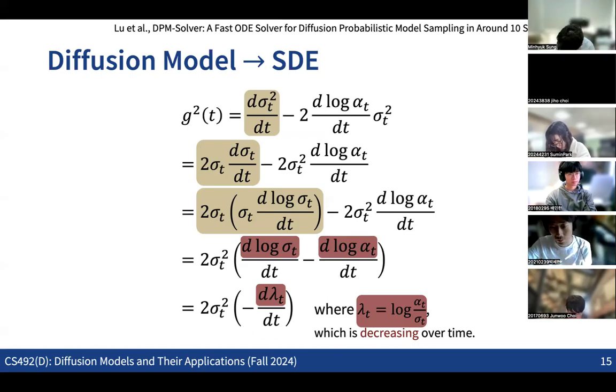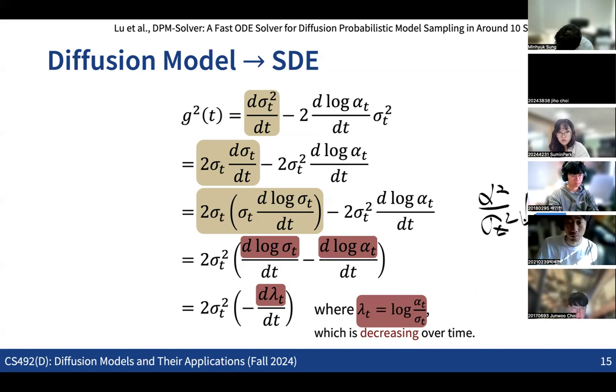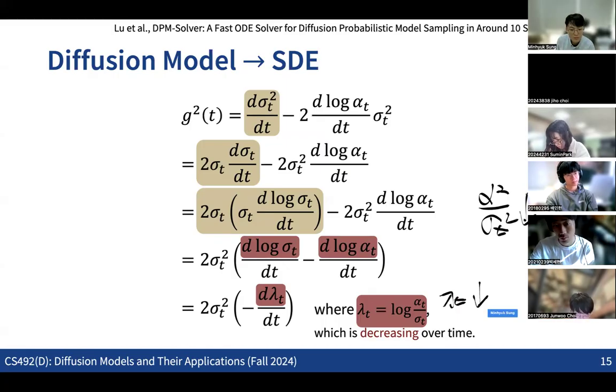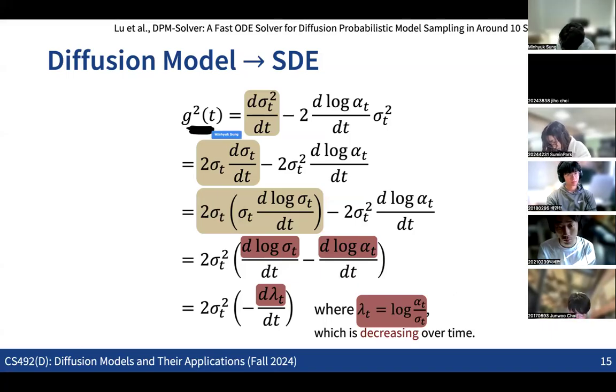Since alpha_t squared over sigma_t squared is decreasing, when you also take the log of alpha_t over sigma_t, this lambda_t is also decreasing. So we are introducing another variable, which is decreasing over time. And we can also see that this g squared can be rewritten into this simplified form when you introduce sigma_t here.